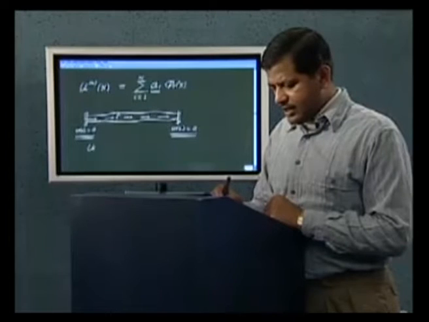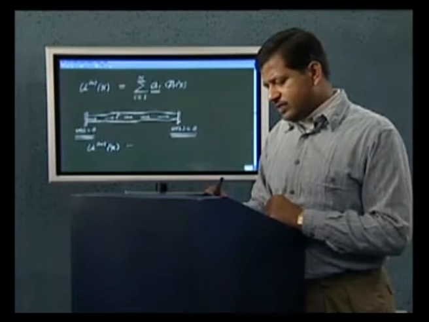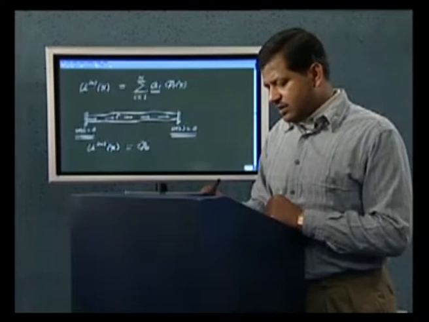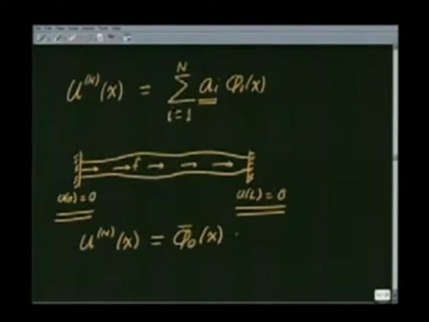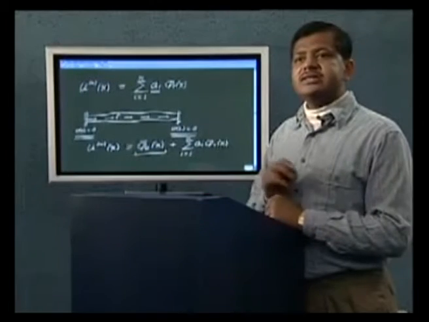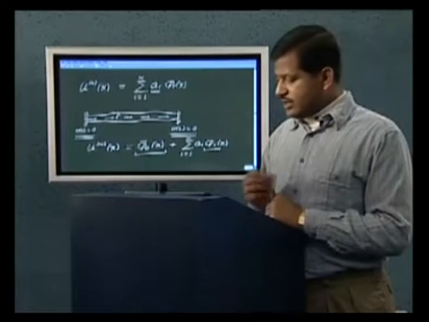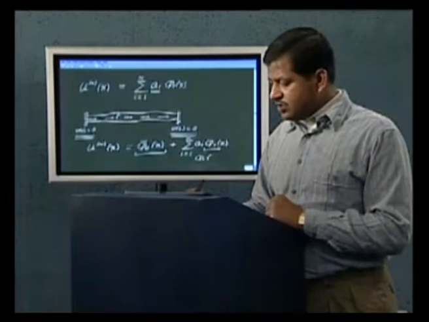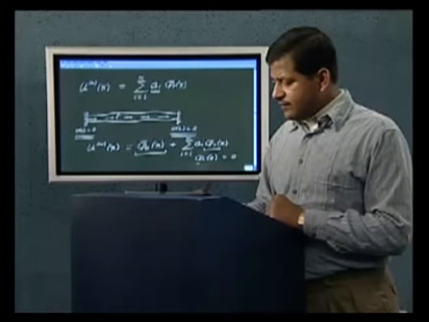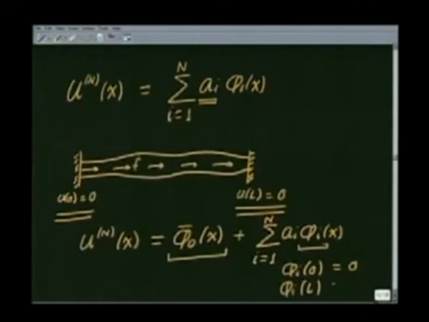We will take again u n of x equal to phi 0 bar of x plus summation of I equal to 1 to n a i phi I of x, where this phi 0 bar has the job of satisfying both these end conditions, and the phi i's will be such that phi I at 0 is equal to 0 and phi I at L is equal to 0.